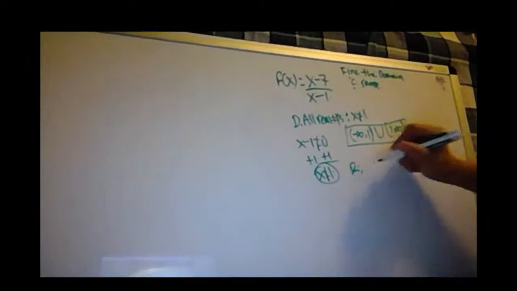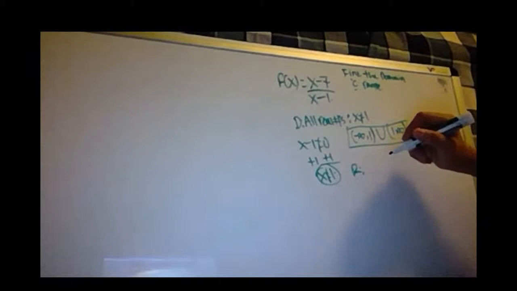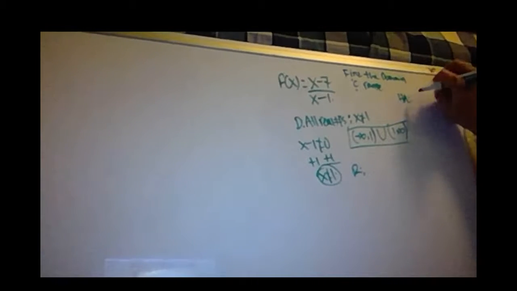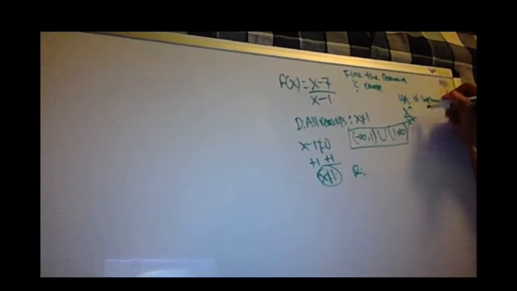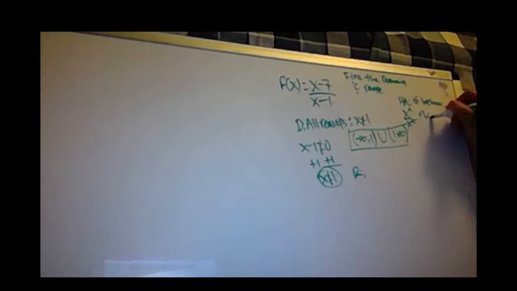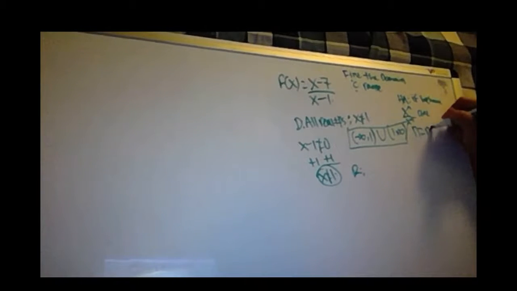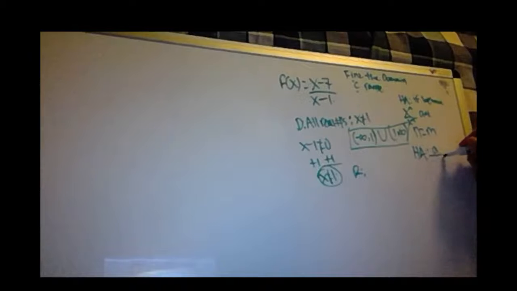The range is going to be... So remember, to find the horizontal asymptote, if we have x to the n over x to the m, and n is equal to m, then the horizontal asymptote is just a over b.